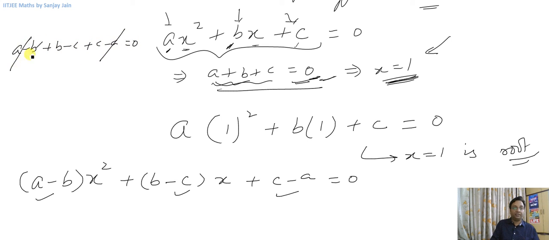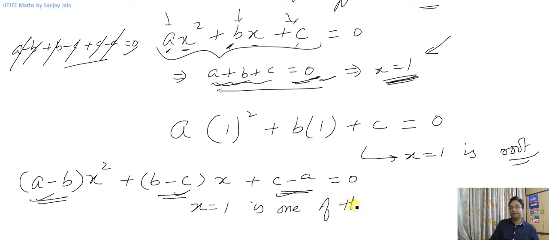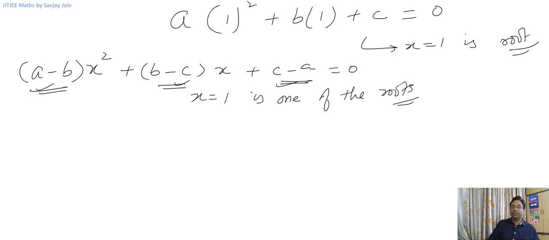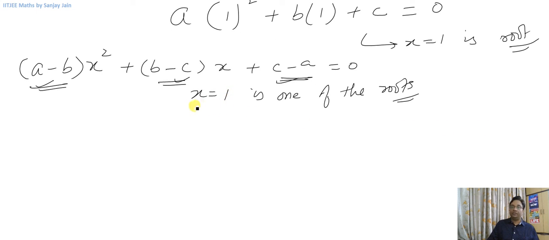Because a will get cancelled, b will get cancelled, c will get cancelled, and it will become 0. So when you see coefficients which are cyclic in nature, then you can say that x equal to 1 is one of the roots. Whenever you see that the sum of coefficients is equal to 0, you can easily say that x equal to 1 is one of the roots.